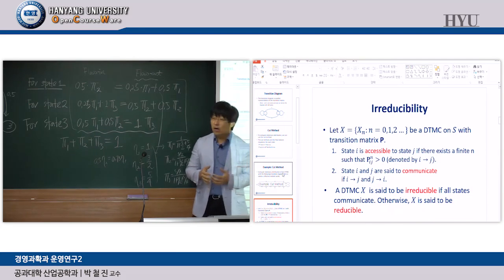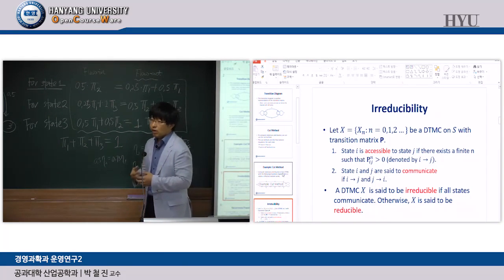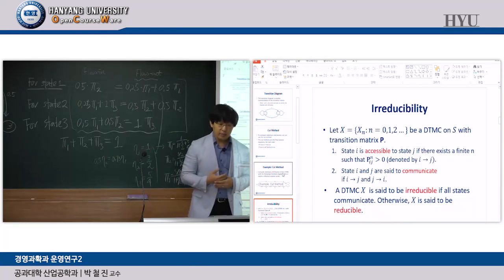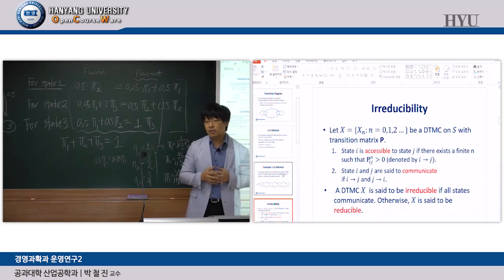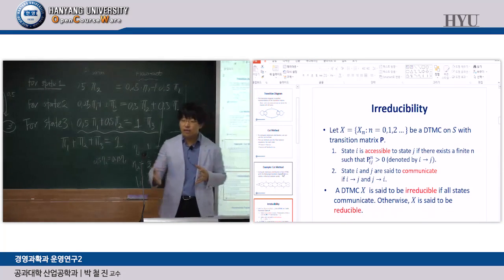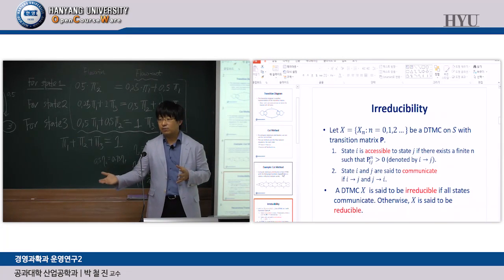But before we try to figure out the stationary distribution of the chain, sometimes we need to first figure out whether such a stationary distribution exists or not, and whether this stationary distribution is unique or not. Very important. After that, you can calculate long-run average values.